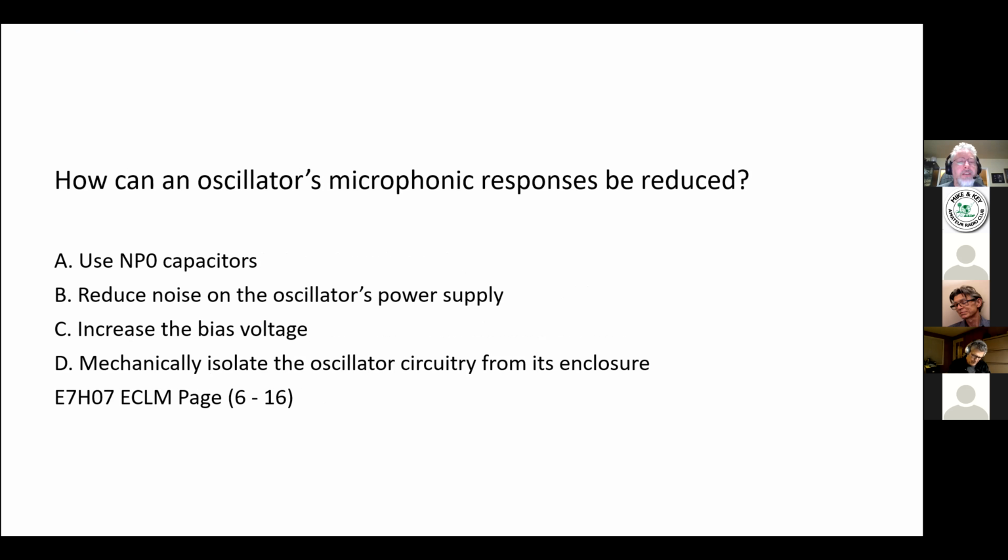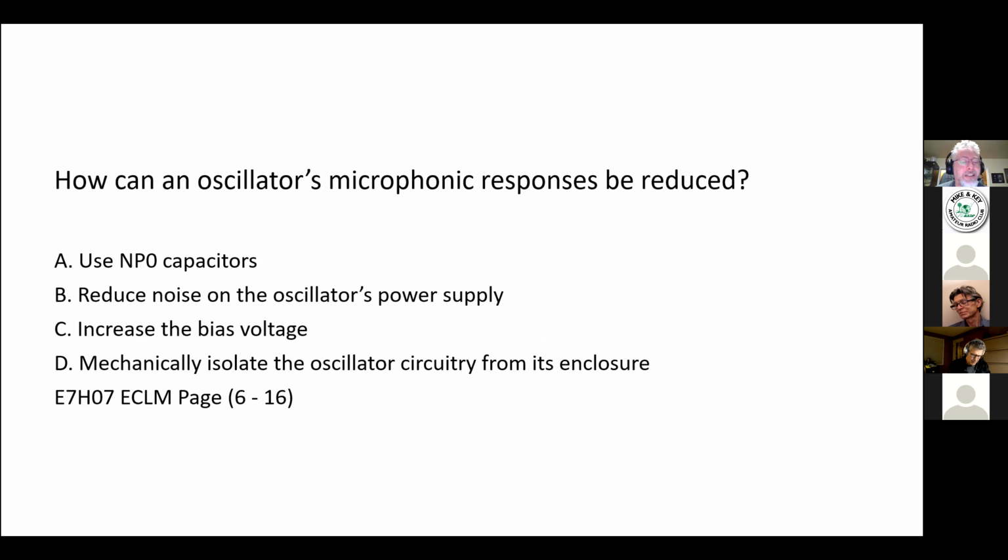How can an oscillator's microphonic responses be reduced? A, use NP0 capacitors. B, reduce the noise on an oscillator's power supply.